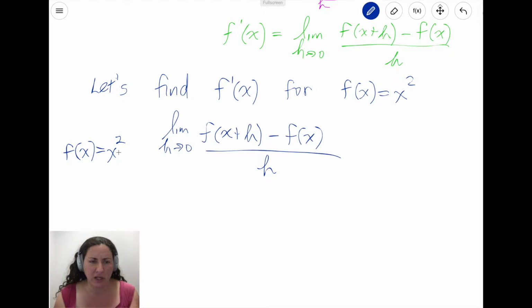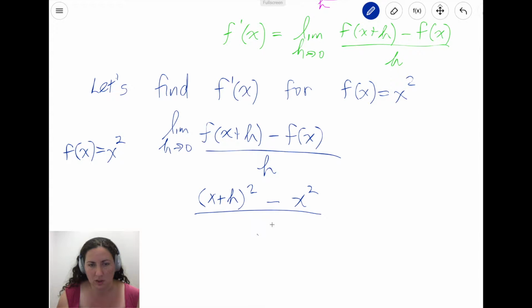Well, we just replace x in the definition of the function with x plus h. So instead of being x squared, I'm just going to replace the x with x plus h, and that gets squared. So that's f of x plus h. And then we have f of x, well, that's just x squared, and this is h, and we're taking the limit as h approaches 0.